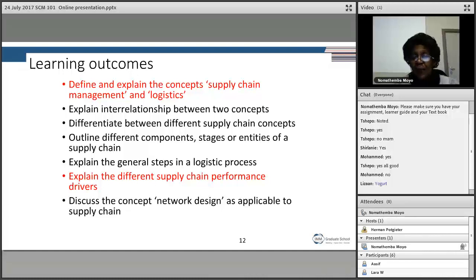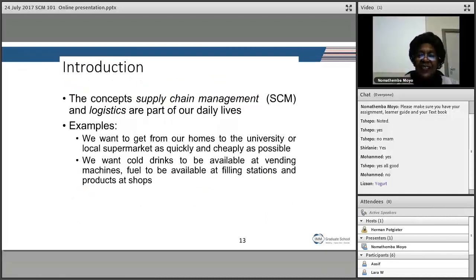Explain the general steps in a logistics process. And then explain the different supply chain performance drivers. That's another one. And it's there in your assignment. Then discuss the concept network design as applicable to supply chain.